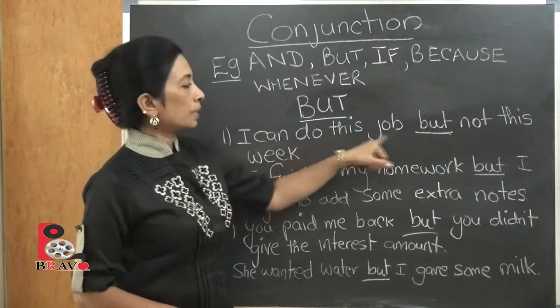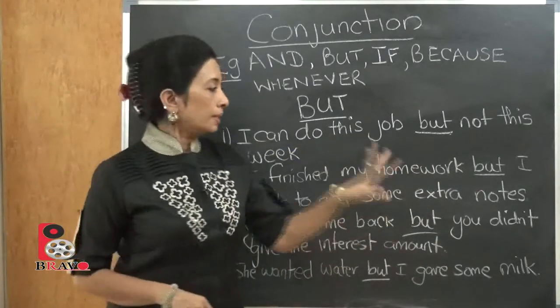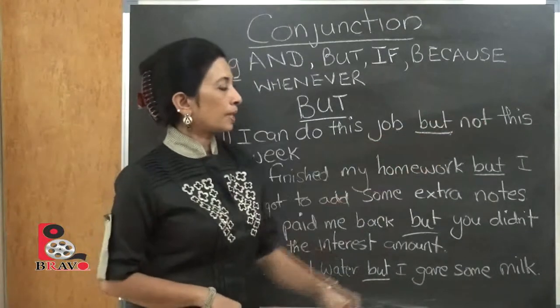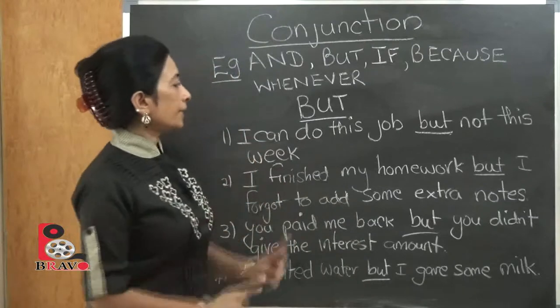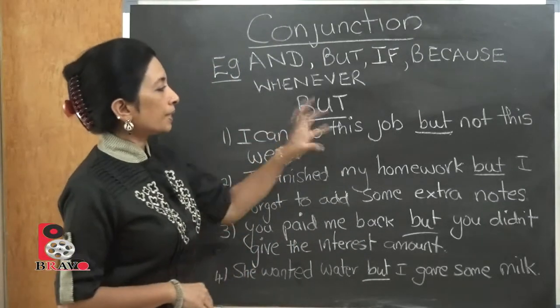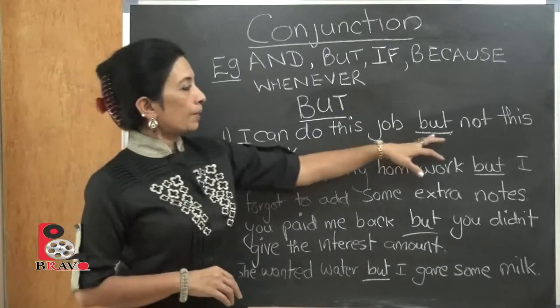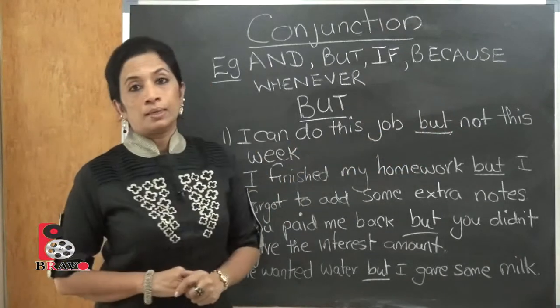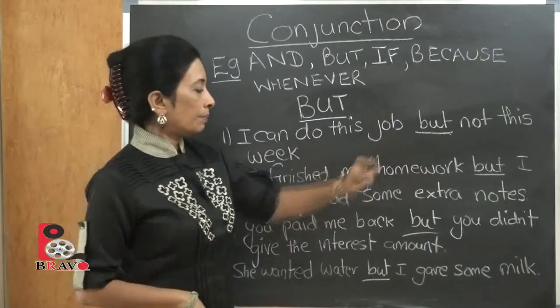I can do this work. Yes, I can do this work, but I can't do it this week. So it's next week I can do, or the week after. So I can't do it this week. So you have to combine it with the conjunction word but to say that no, I can't. So I can do this job but not this week. So specifically it says not this week with but.